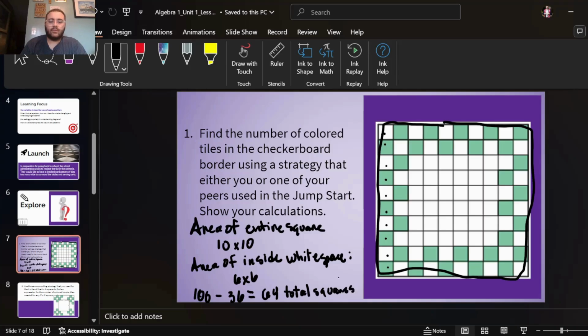We need to be careful though, because we don't want total squares. We're looking for just the green squares, and we see that it's every other tile. So now we essentially currently have all of this counted. That's 64 squares, but we need to cut that in half, divide by 2, which is 32 green squares.